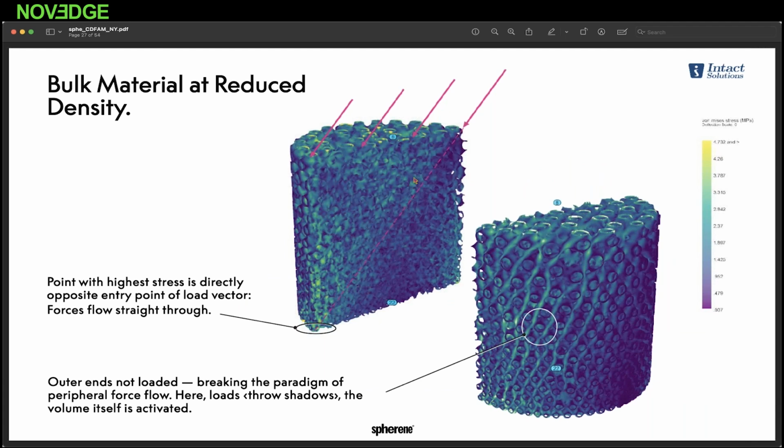So with tools like Intact simulation for Grasshopper, you can have a simulation workflow inside of Rhino 3D and also inside of nTop, where you can simulate what is happening inside the Spherene.